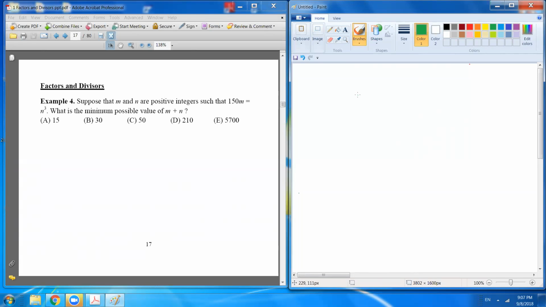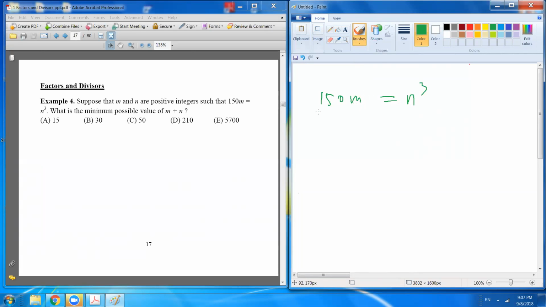Good job. It is a D, right? And do you want me to talk about this one or you know how to do this? You have no trouble with this one. D is good. Do you want my explanation? Okay, sure. 150m is a cubic number.